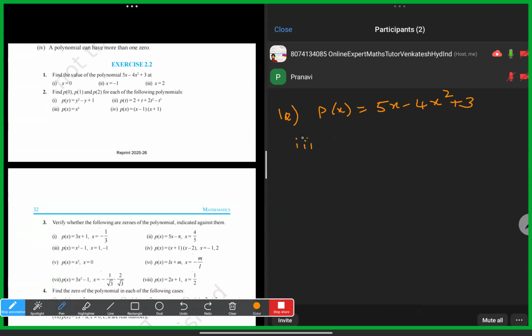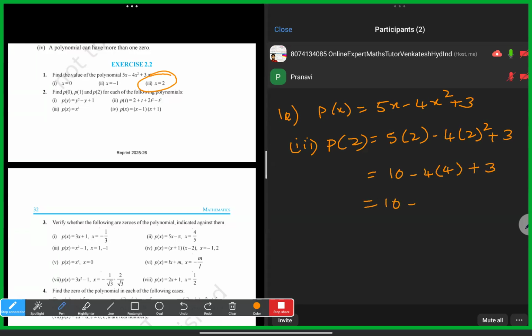Third bit, p of 2, x is 2. Wherever x is there, I have to keep 2. So 10 minus 4 into 2 square, which is 4, so 10 minus 16, plus 3, which is minus 6 plus 3, which is minus 3.